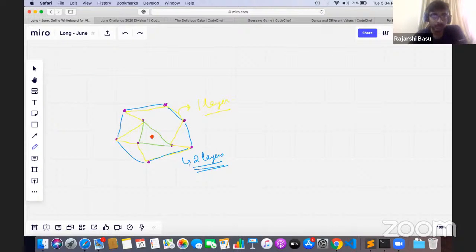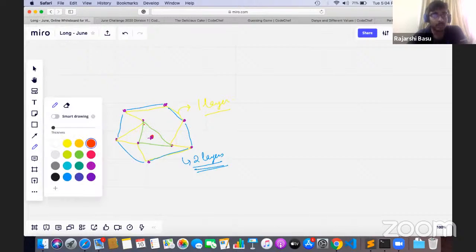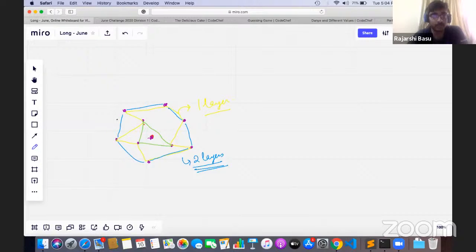Because there could have been a point like this. Let's say this was not the candle point, let's say this was the candle point, okay, and there was a point something like this.